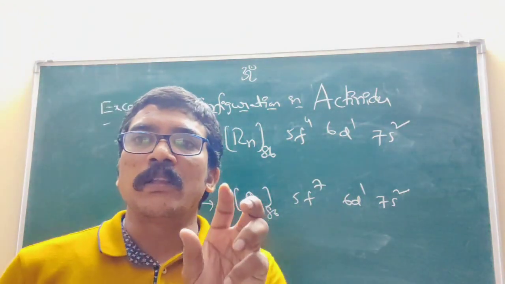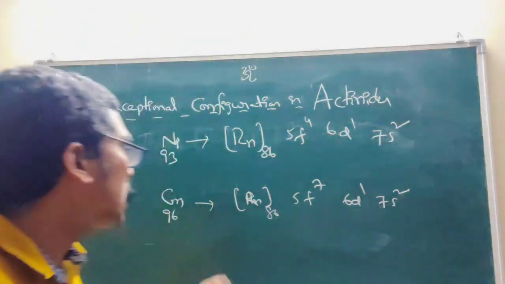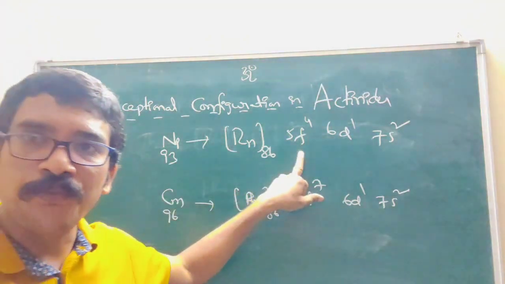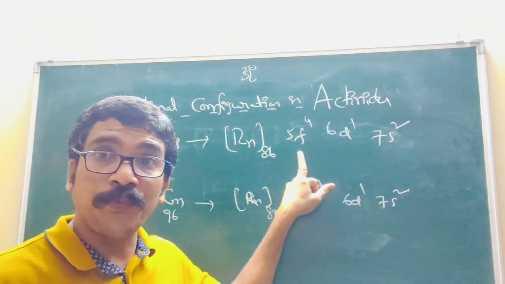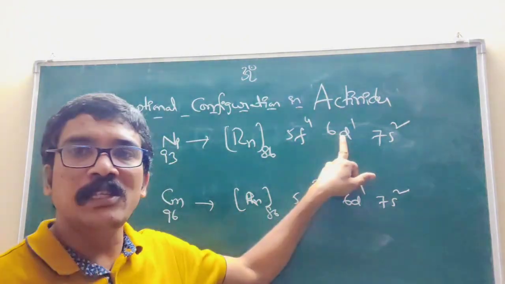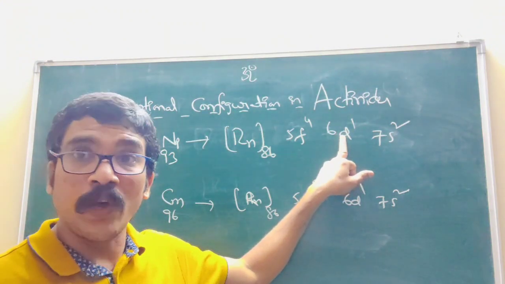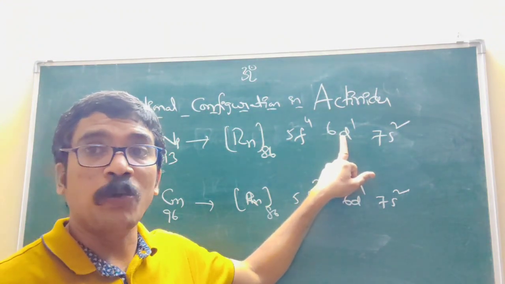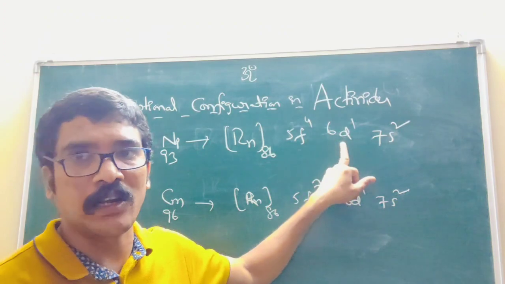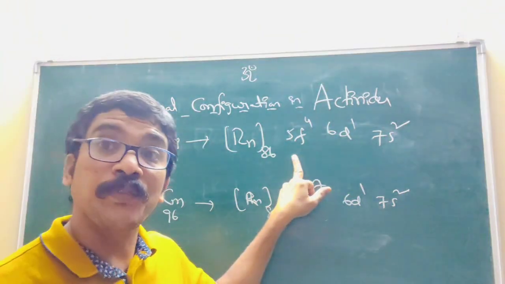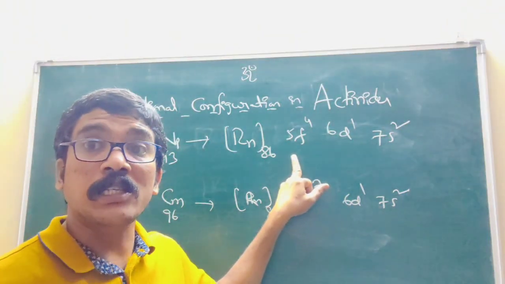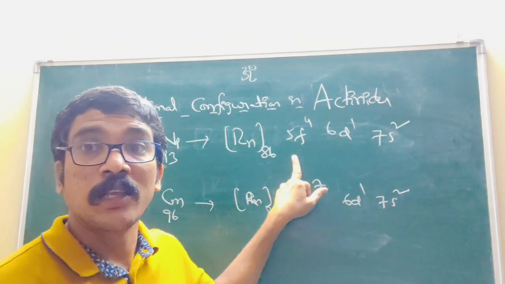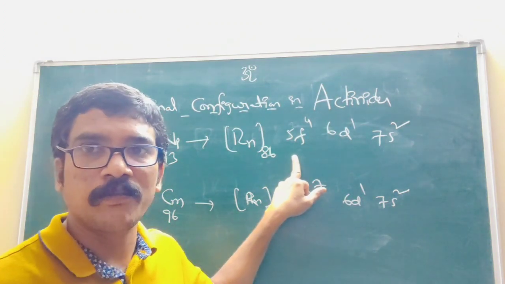Plutonium, the electronic configuration we are expecting is 5f5, 6d1. But actually, plutonium has no 6d electron. So therefore, 5f6 plutonium. Next, americium.